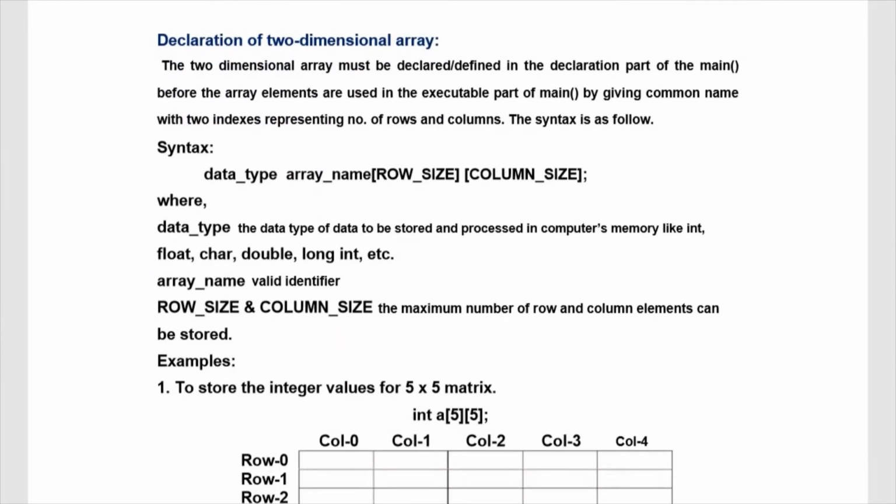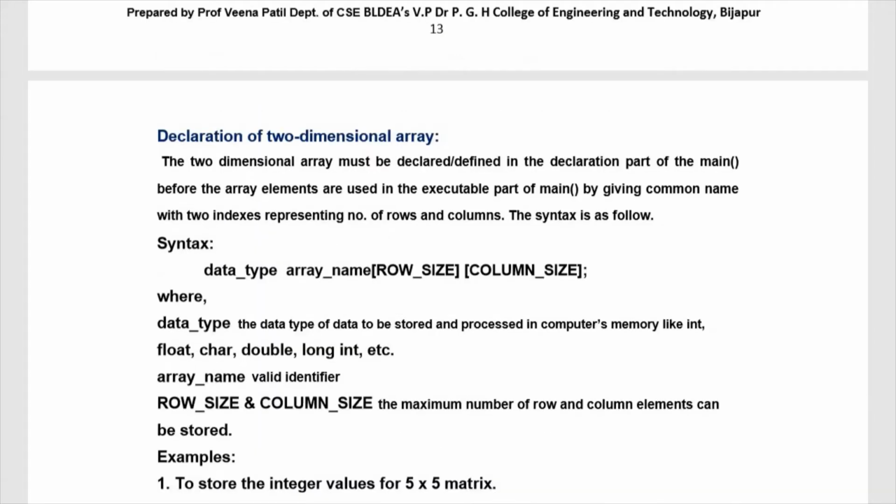Now, how do we declare a two-dimensional array? A two-dimensional array must be declared in the declaration part of main before the array elements are used in the executable part of main, by using a common name with two indices representing the number of rows and columns.